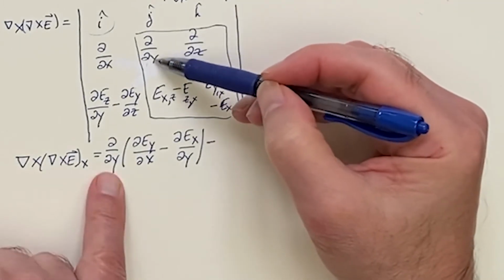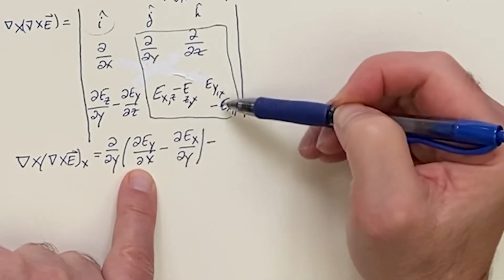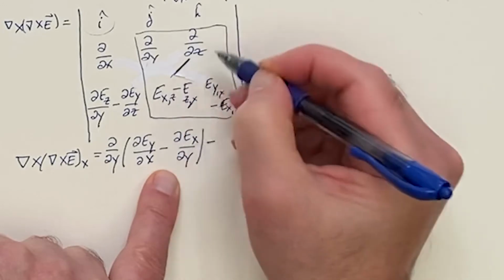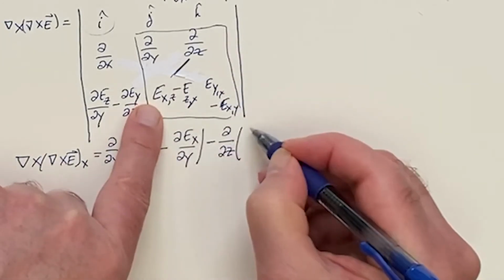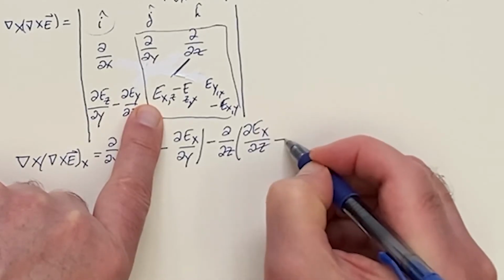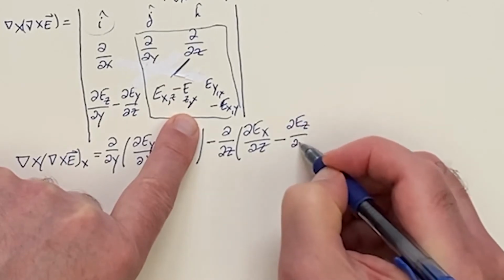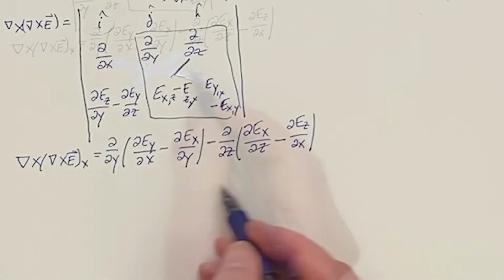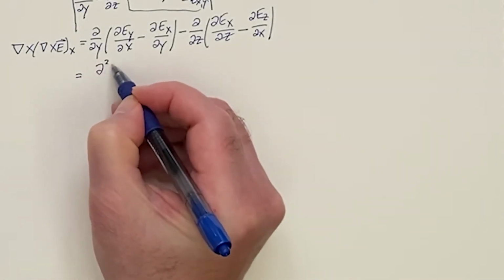So you have d dy of this thing, that's the partial of Ey with respect to x, and then minus, you flip it, and then minus, you're going to go this way, the partial with respect to z, and here this is the partial of Ex with respect to z, and then minus, you flip them, the z and then the x. So that's the first component, and then this would be the second derivative here.